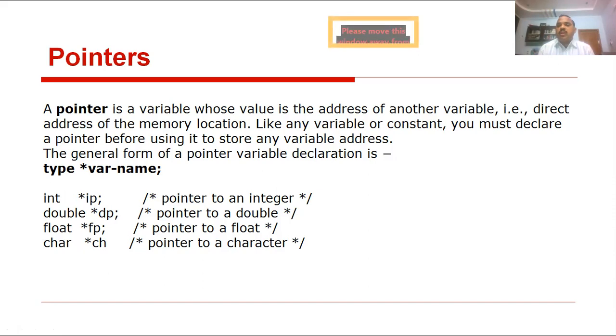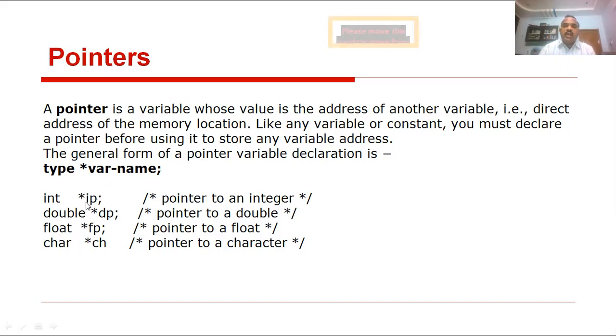Like any variable or constant, you must declare a pointer before using it to store any variable address. The general form of a pointer variable declaration is type asterisk variable name, with the asterisk prefixed to the variable name. Clear? For example, int asterisk ip is an integer pointer variable.